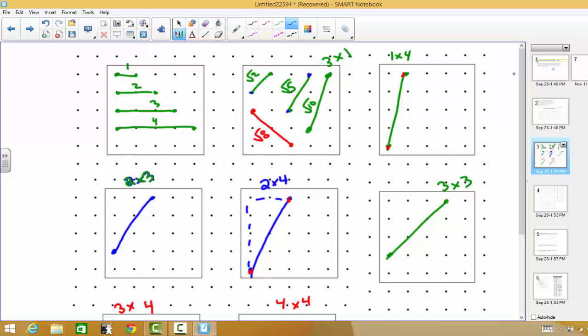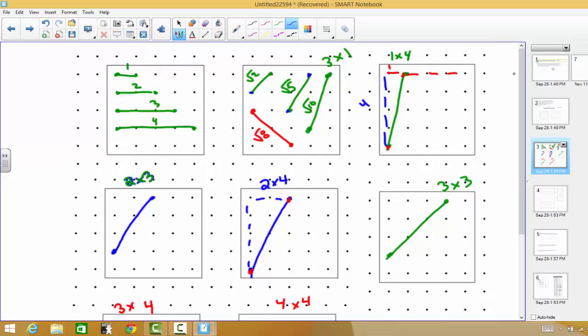Okay, so essentially what you need to do is you need to draw a square off of each of these 6 side lengths. So in order to draw a perfect square, you might need to add a row of dots. We're going to figure out the height, so this is 4, and the width, which is 1. So we're going to continue that pattern. So this is going to be a 4.